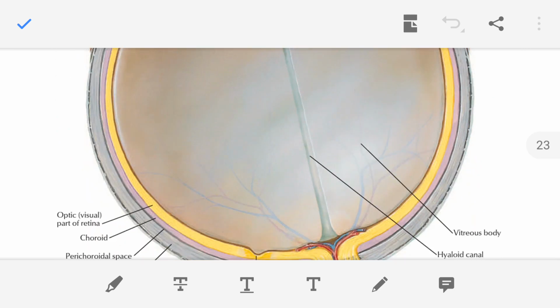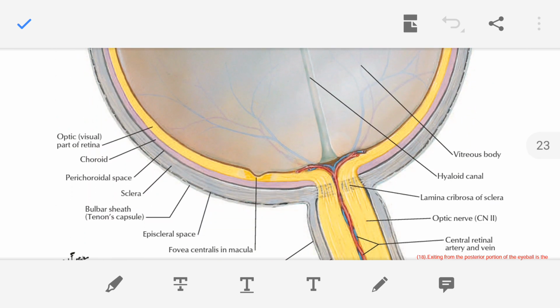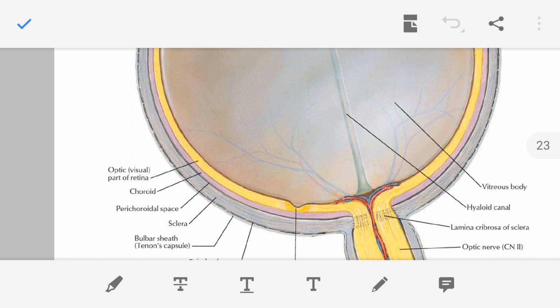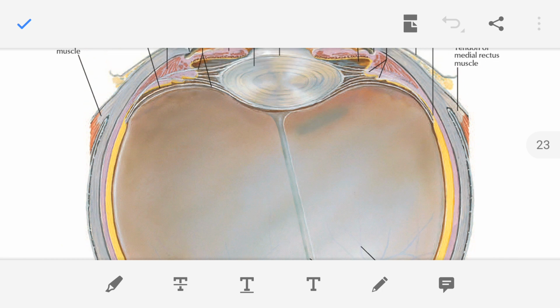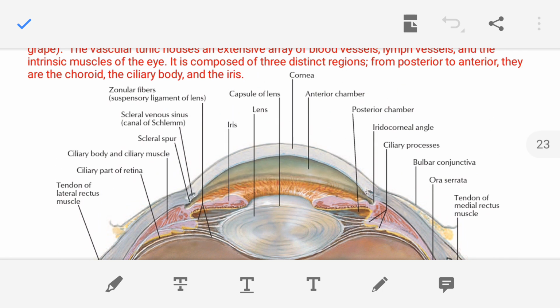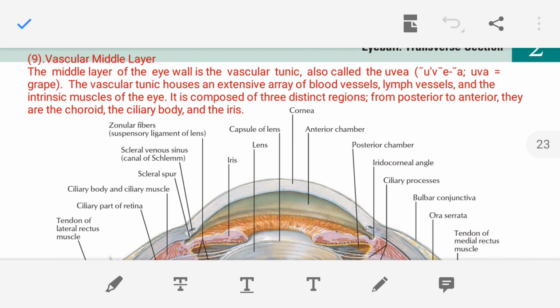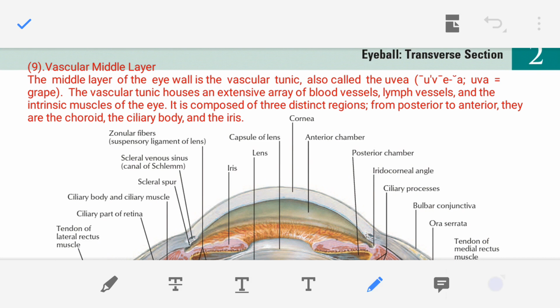Now we are discussing the middle layer. This layer, which is shown in the pinkish or purple color, is the vascular middle layer.